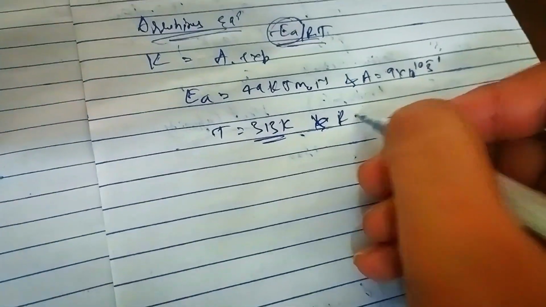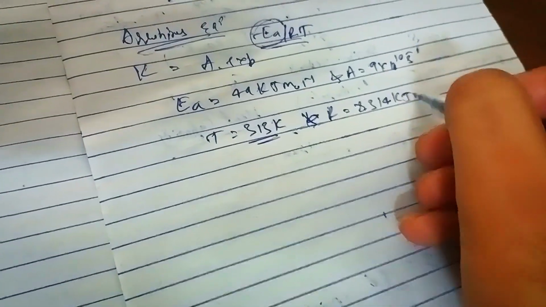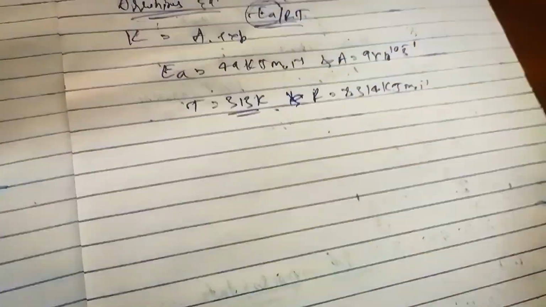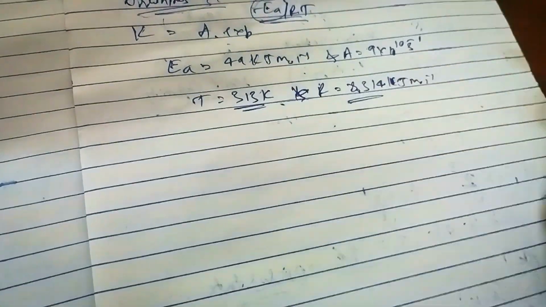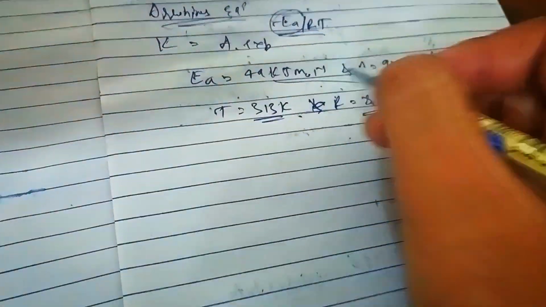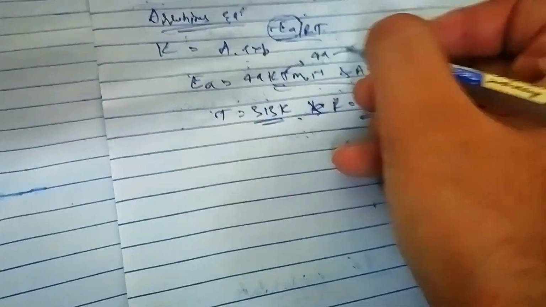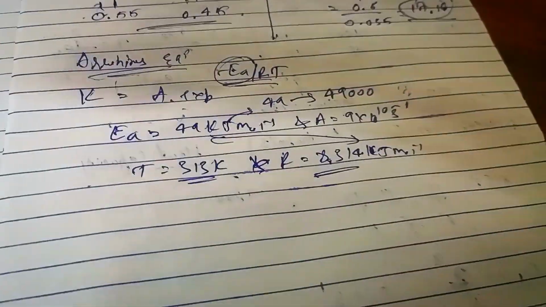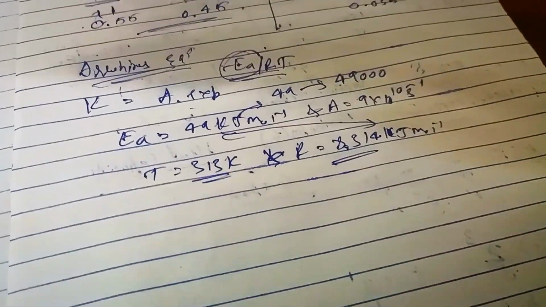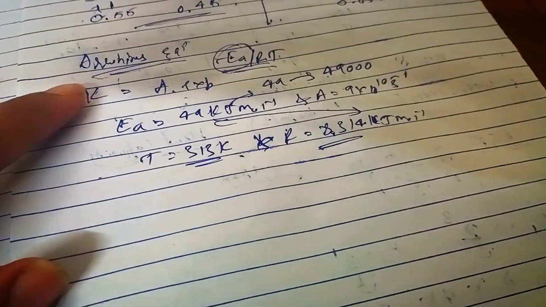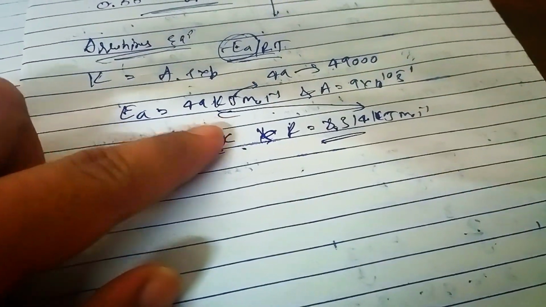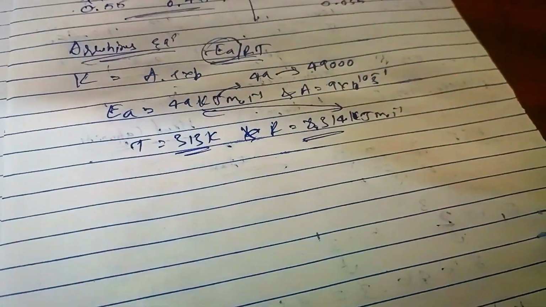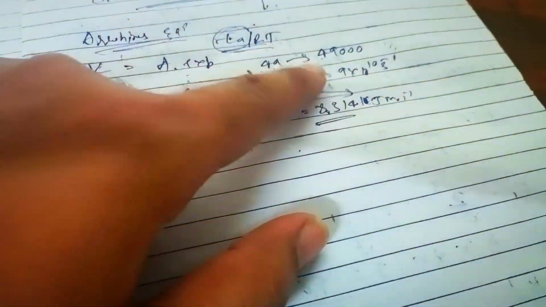R is equal to 8.314 joule per mole, not kilojoule. Since EA is in kilojoule per mole, we have to convert it to joule per mole, so 49 becomes 49,000, since the gas constant R is 8.314 joule per mole, and temperature and A are given.